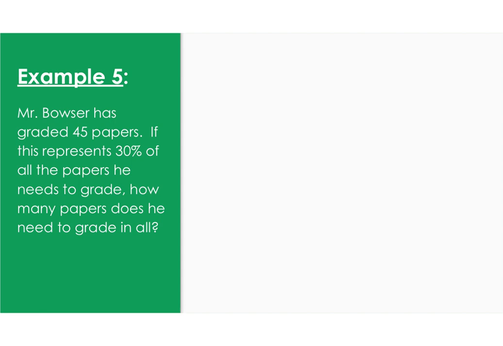Mr. Bowers has graded 45 papers. If this represents 30% of all the papers he needs to grade, how many papers does he need to grade in all? So I have the part over the whole equals the percent over 100. Well, the 30% is easy to fill in. That always goes over 100. And we have to determine which is the part and which is the whole.